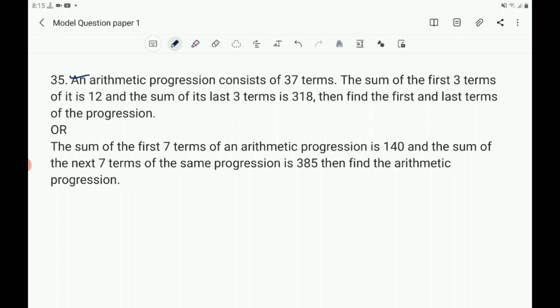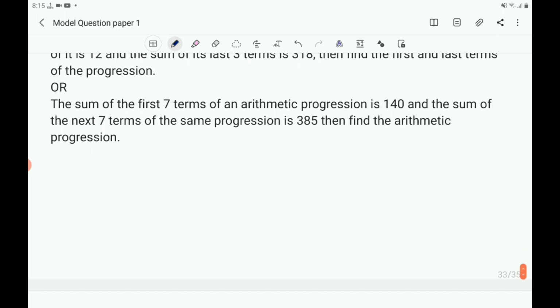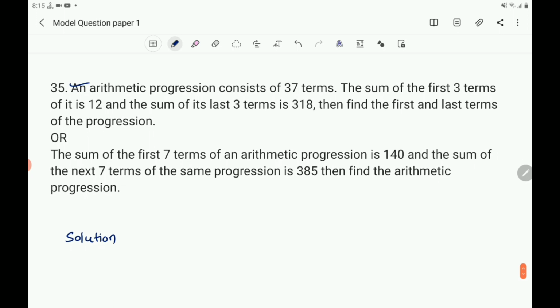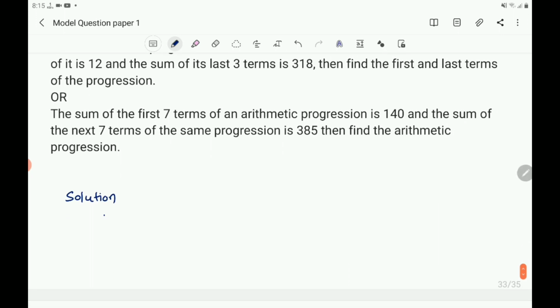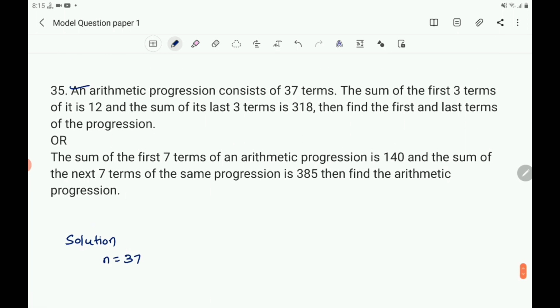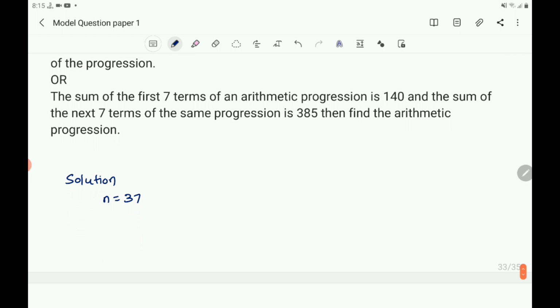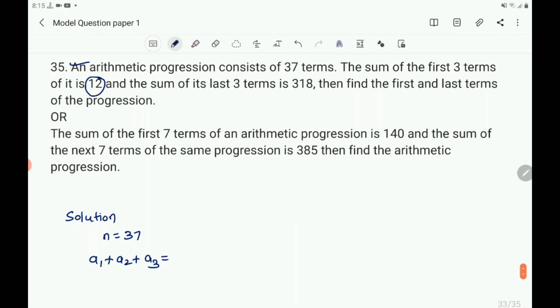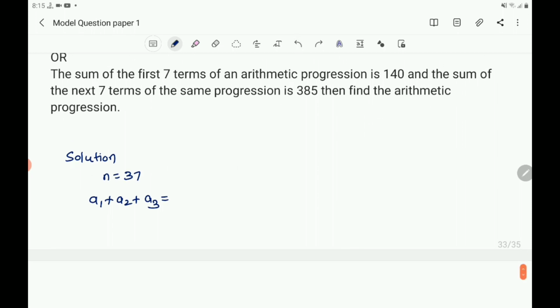So let us solve it. For the solution of the first one, you take what is given here. An arithmetic progression consists of 37 terms, means here n equals 37. And also it is given that the sum of the first 3 terms, means a1 plus a2 plus a3 equals 12.